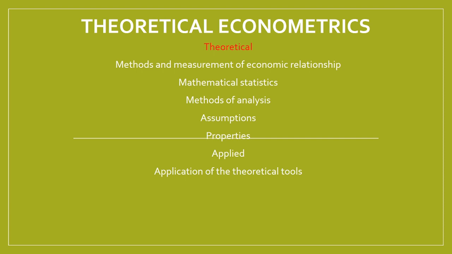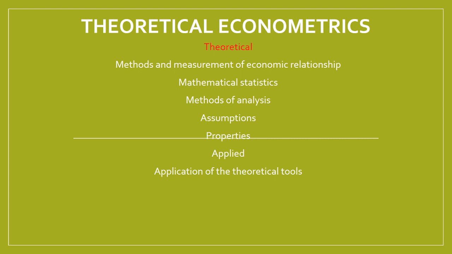That is, here we are going to develop methods or models for the measurement of economic relations, or of the relationship between variables. In that sense, we are mainly focusing on mathematical statistics. We want to model the relationship that exists between variables, and that model can be created through mathematical statistics.